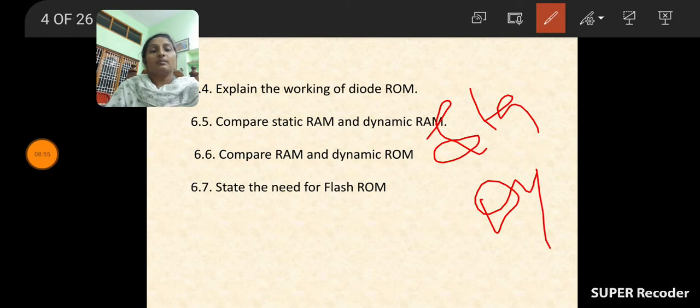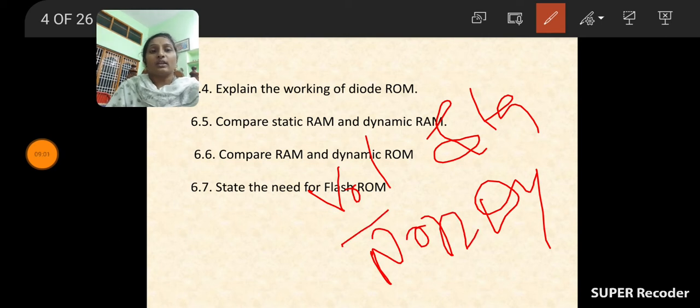Simply it is also called volatile and non-volatile. So in volatile memory, if the power is switched off, the entire contents are lost. If the entered data is lost when the power is switched off, then that memory is called volatile.